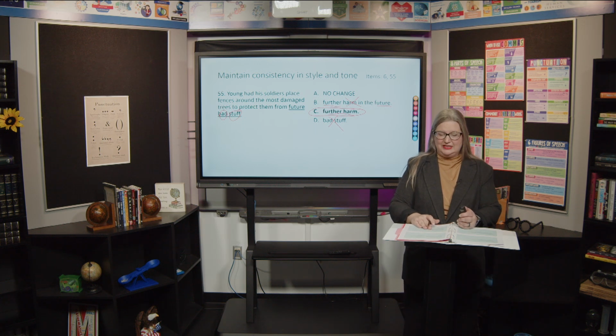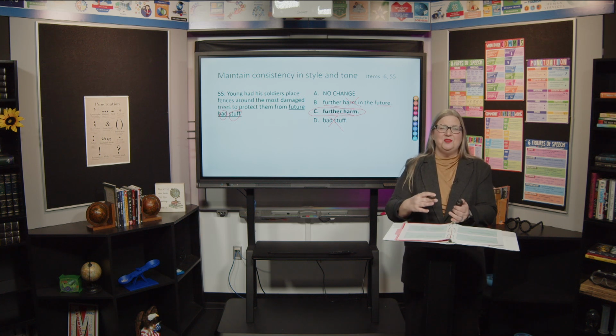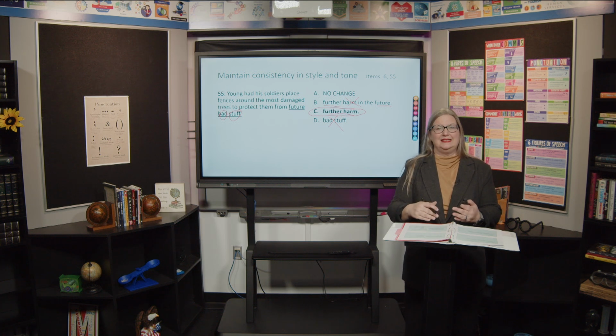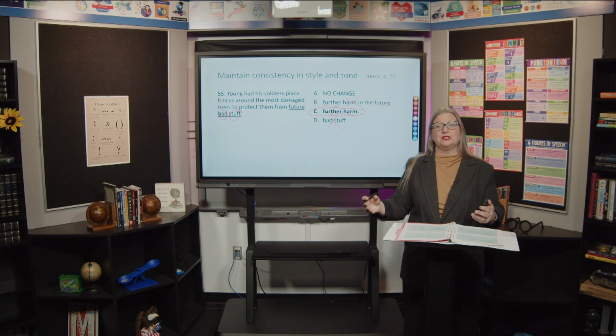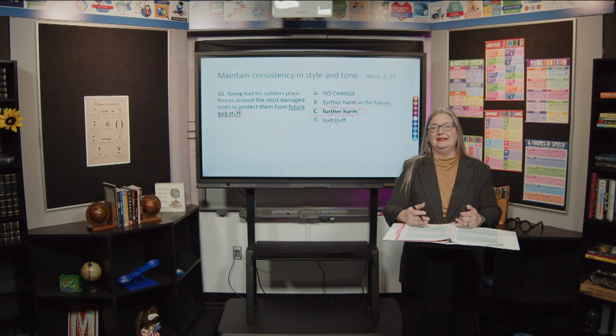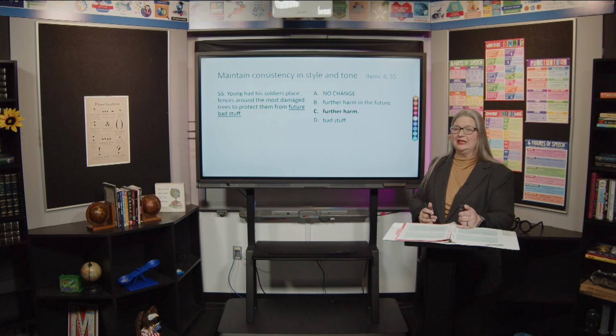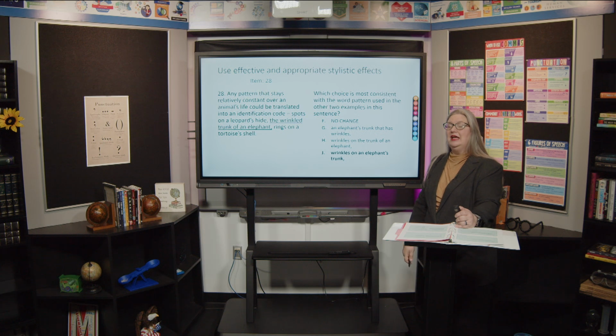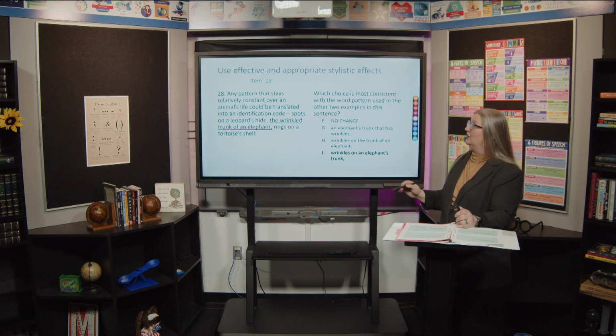Now let's look at using appropriate stylistic effects. Sometimes writers will play with word choice or the way they put a sentence together. Good writers can manipulate sentences to make you slow down or speed up. And that's what a stylistic effect does. Let's look at number 28, the only one on the test that you took that hits this learning target.